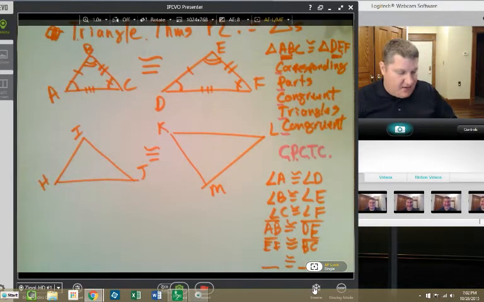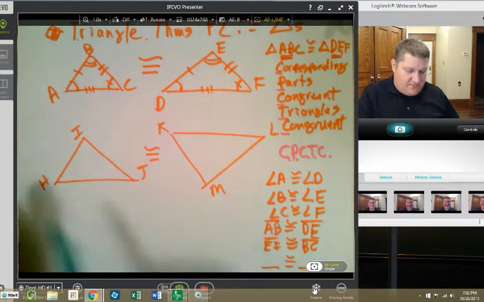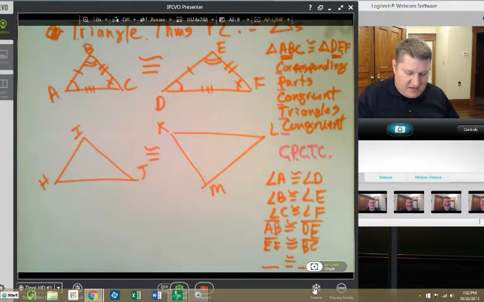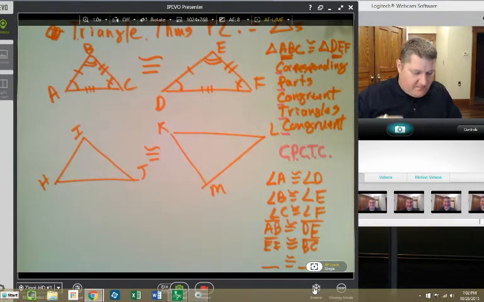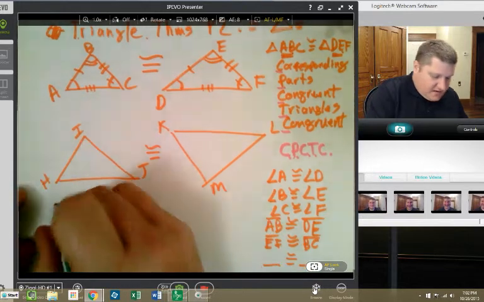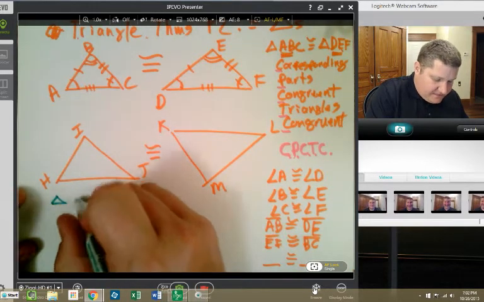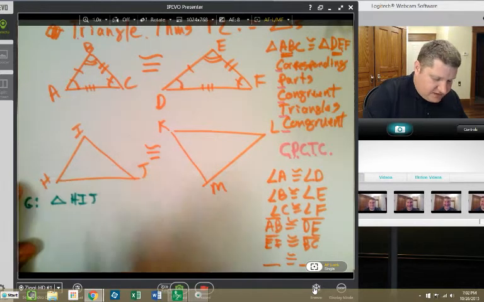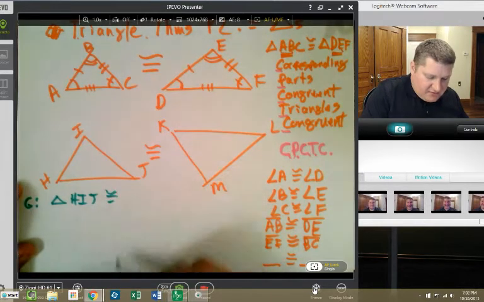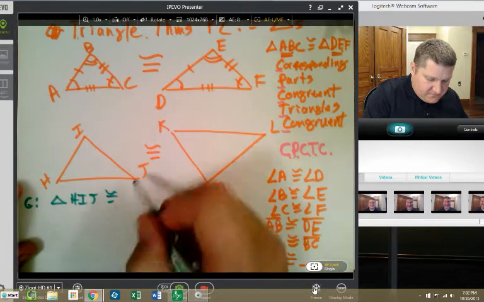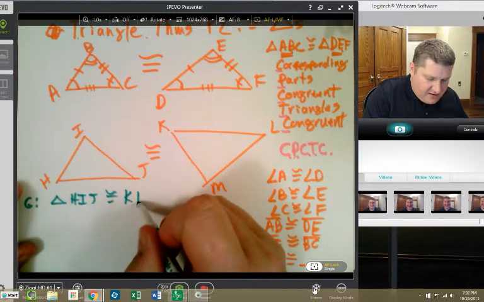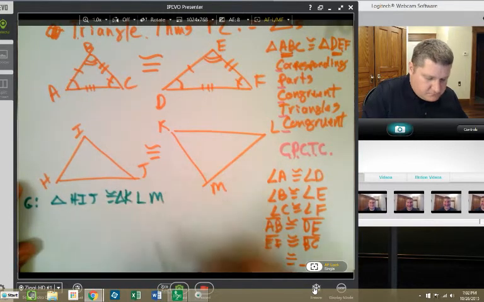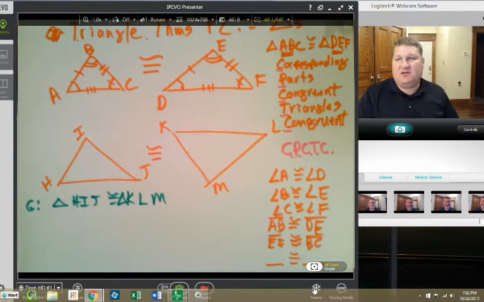All right, now let's start talking about HIJ and KLM. So if I say that triangle HIJ, that's the given, HIJ, is congruent to KLM, then we need to be able to talk about congruent parts.